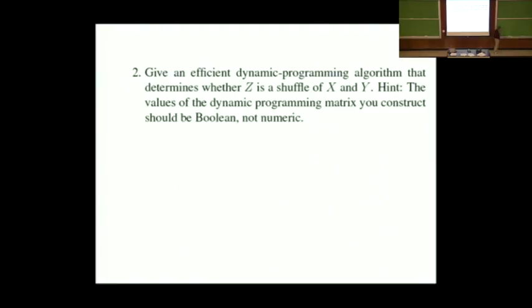I guess the cases where, certainly, f of x, y, z, where x plus y is not equal to z, that should be false. Does everybody agree that if the strings don't have the right size, then that should be false?